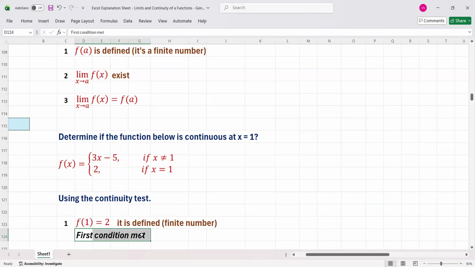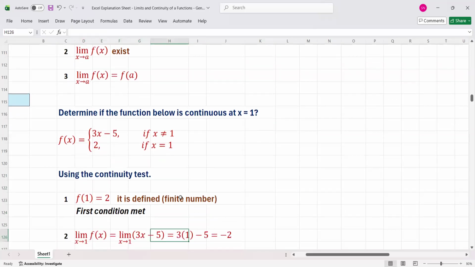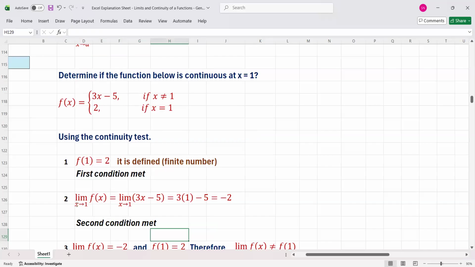Now, let's go to the second condition. Let's take the limit as x approaches a, so the limit as x approaches 1. We must substitute into f of x. This time, we must use the first function. As x approaches 1, remember, the first function applies when x is not equal to 1. So we are going to substitute 1 into 3x minus 5.